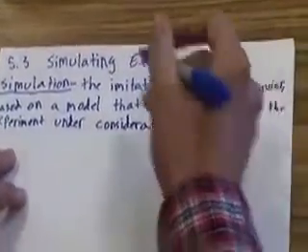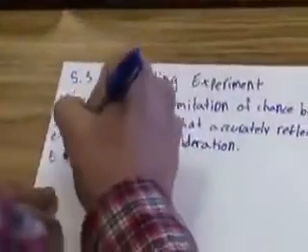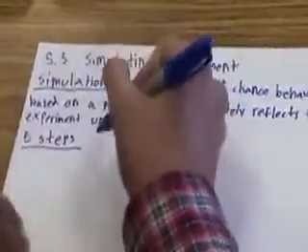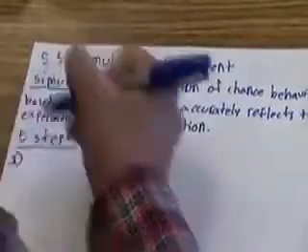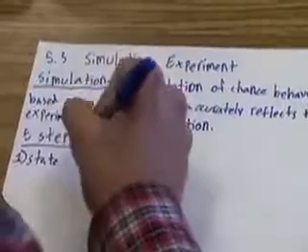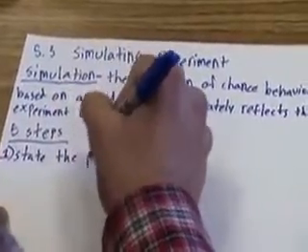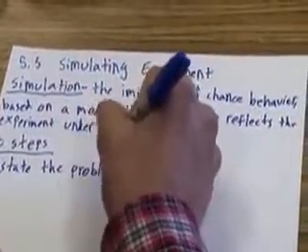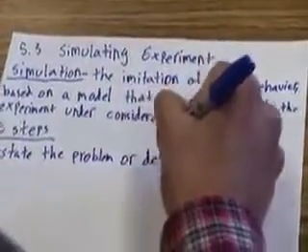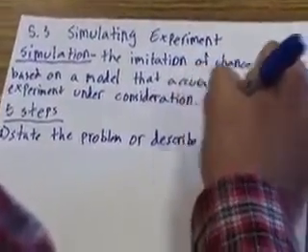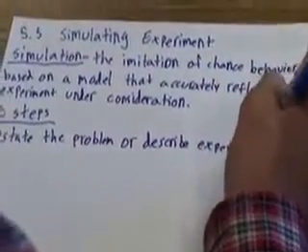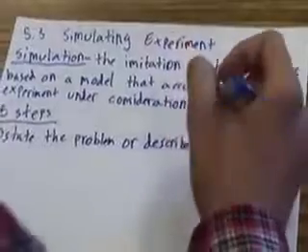So there are 5 steps to do this. Step 1 is state the problem or describe the experiment.